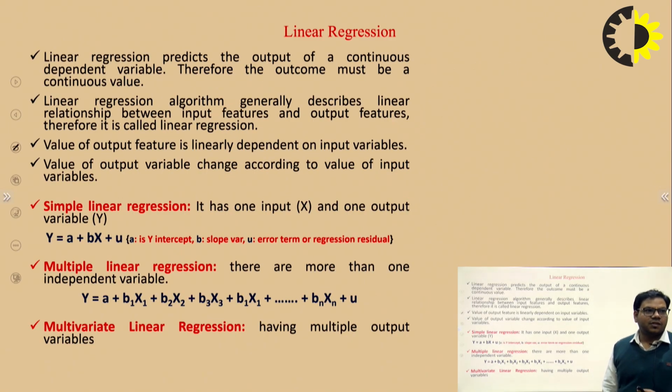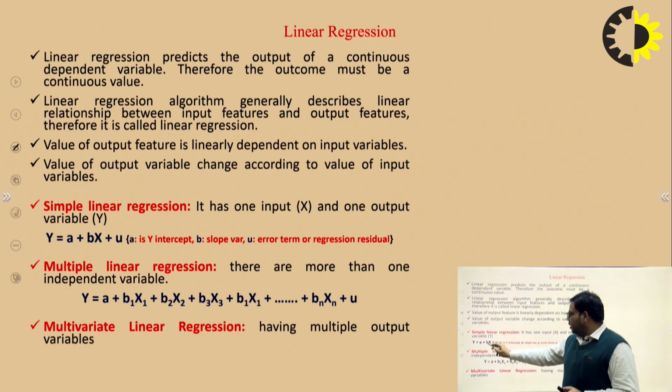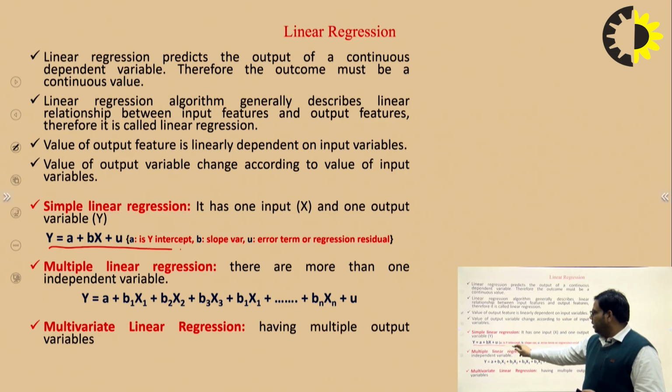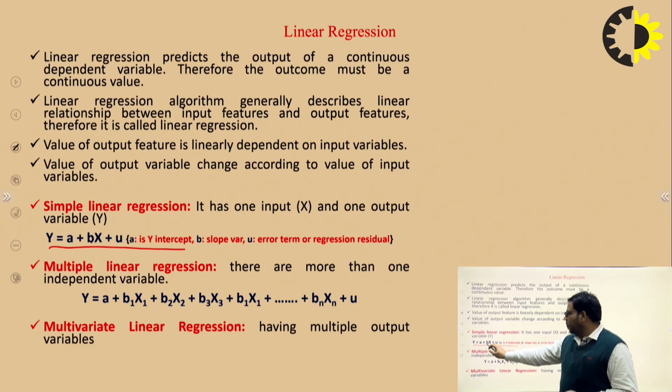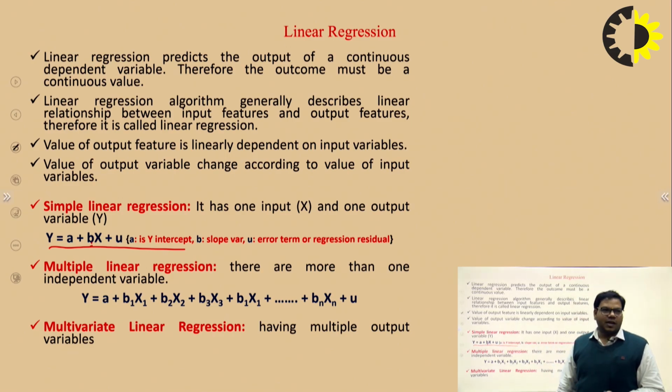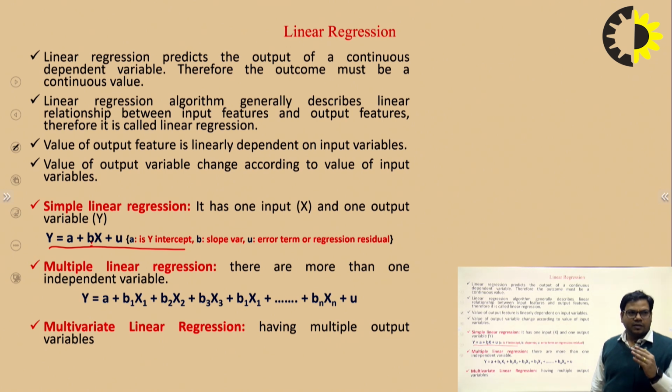Come to the next slide. As I said, in the simple linear regression, the equation could be like this: y is equal to a plus bx plus u, where b is treated as the coefficient for the slope.